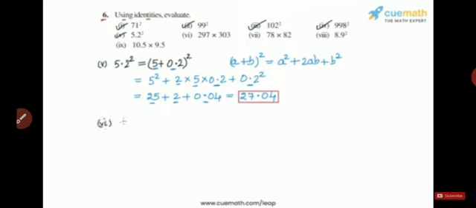And now sixth part is 297 into 303, and by splitting we write it as 300 minus 3, and in another bracket 300 plus 3, and here we apply the algebraical identity a minus b, a plus b is equal to a square minus b square.